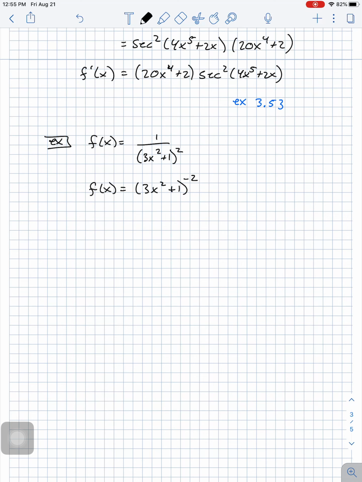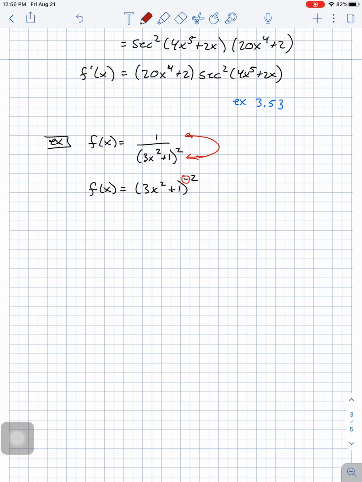Remember, we learned this in Algebra 1 and 2. If you have something in the denominator and you want to move it upstairs, or vice versa, you can do that, and all you have to do is change the sign on the exponent. So this squared can move up, but now it becomes a -2.